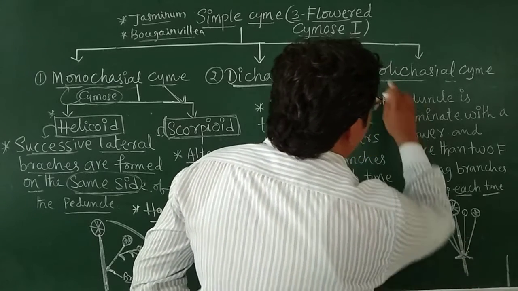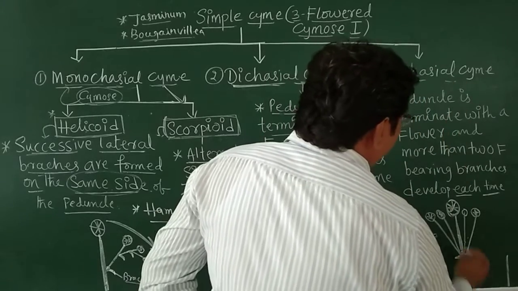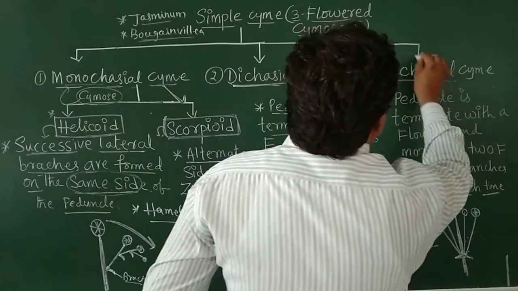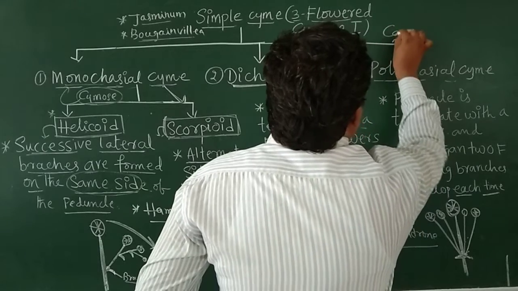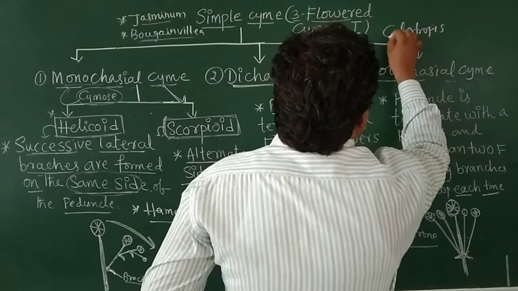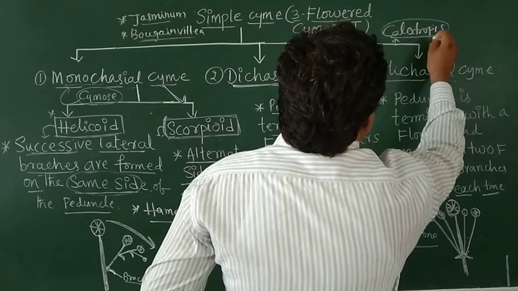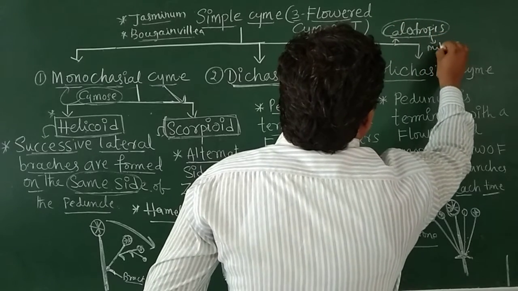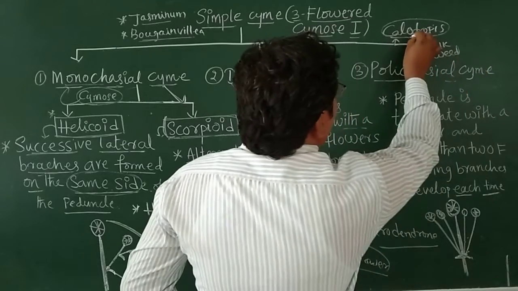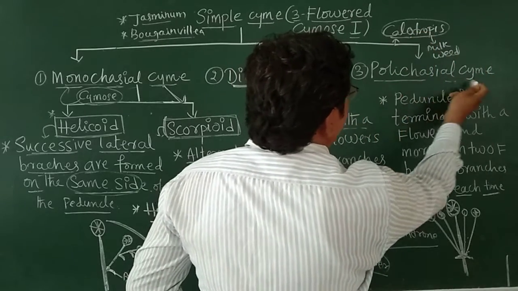So this is the polychasial cyme. The example of polychasial cyme is Calotropis. Calotropis is the scientific name of the milkweed plant. So in Calotropis you will observe polychasial cyme.